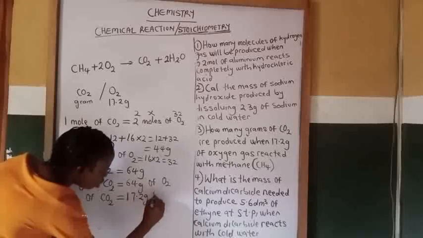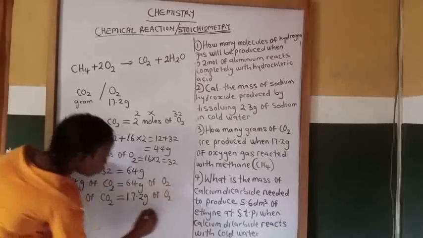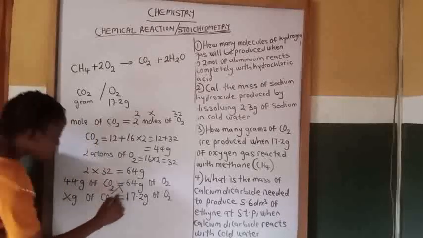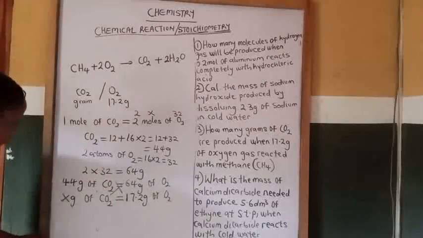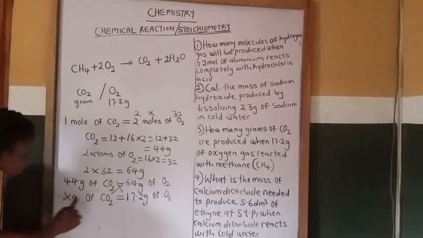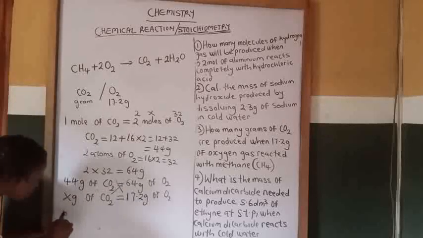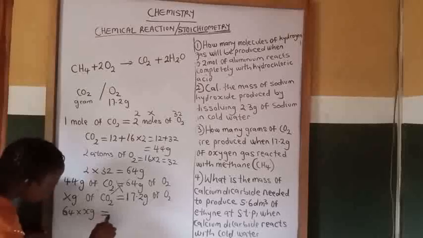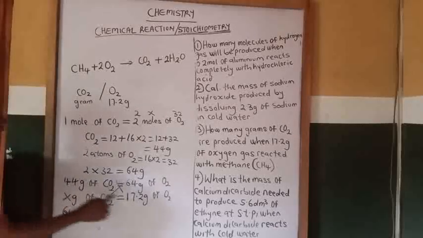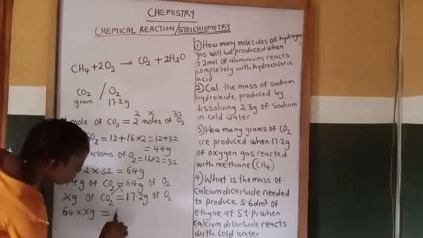Then we cross multiply. So by the time you cross multiply, x gram times 64 will give us 64 times x gram equal to 44 times 17.2.